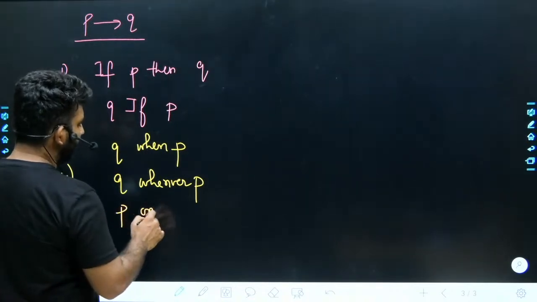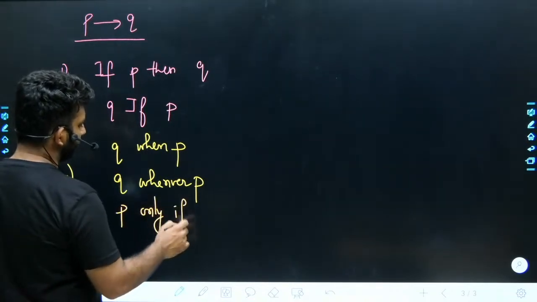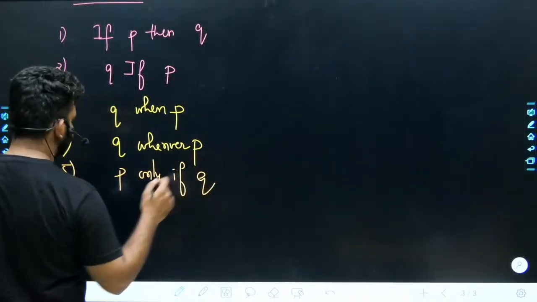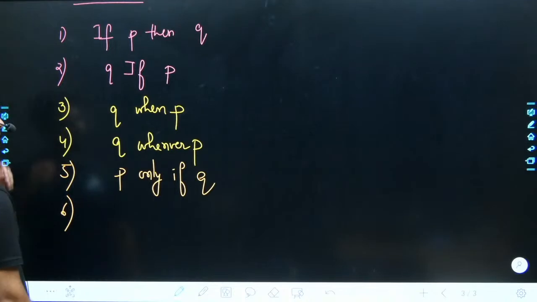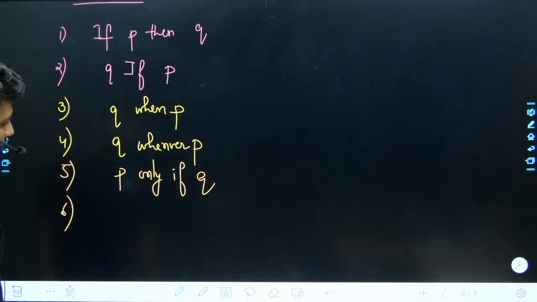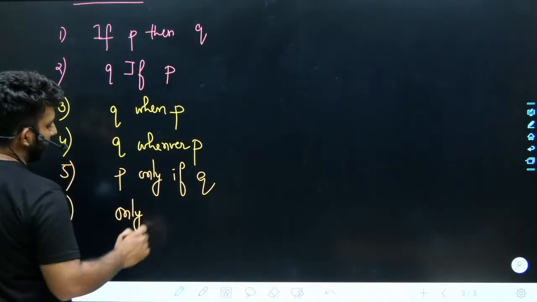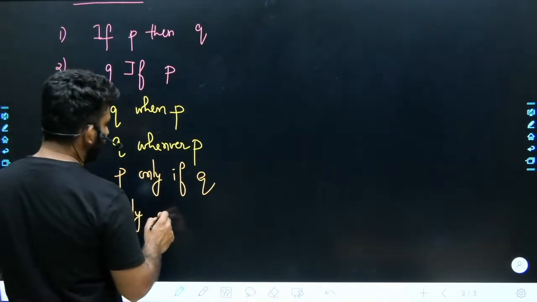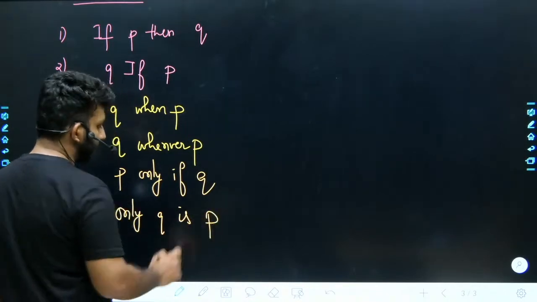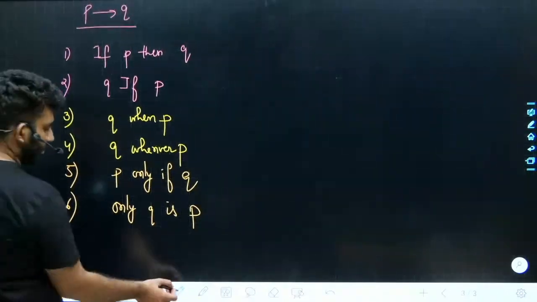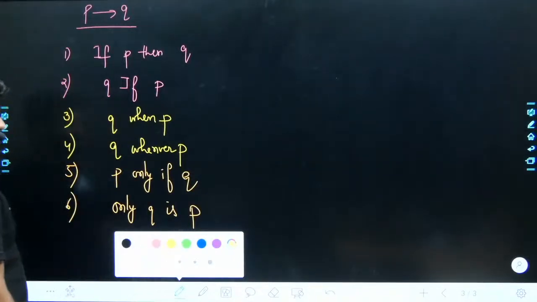Let's see more examples. P only if Q. Only if Q. Sixth, only Q is P. Okay, only Q is P. Let's take some more examples over here.